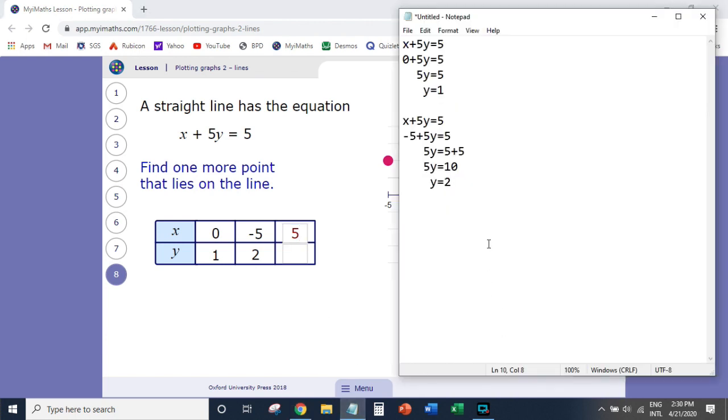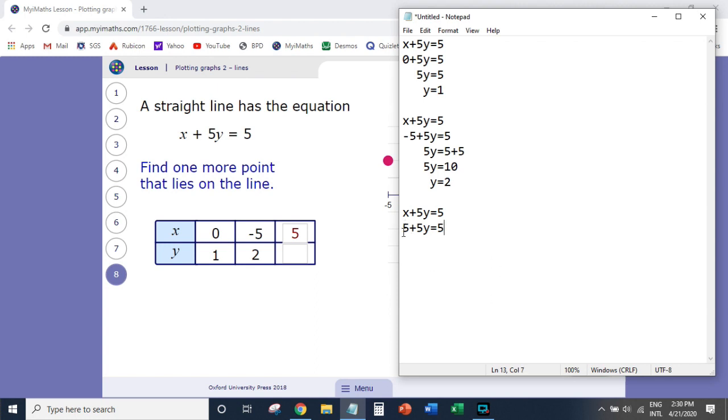So here, let's have the equation x plus 5y equals 5. And then we will need to change our x to positive 5 right here. And then copy plus 5y equals 5.